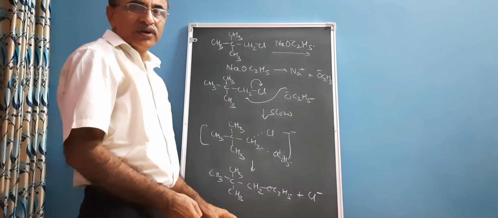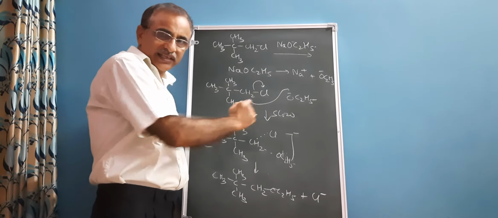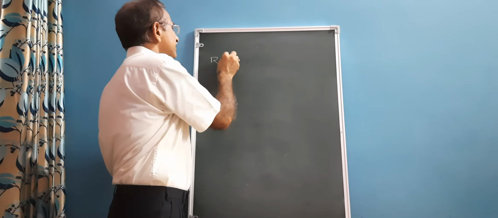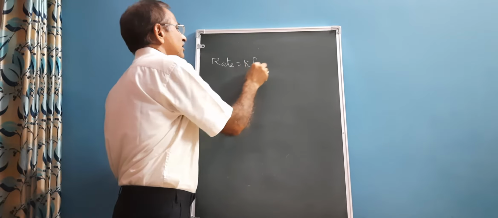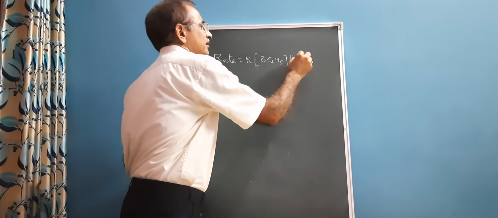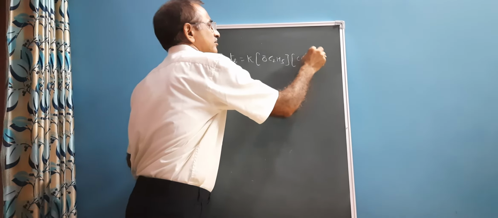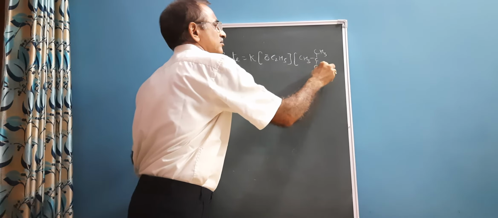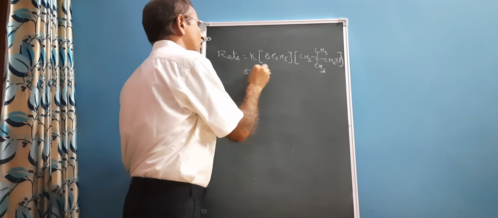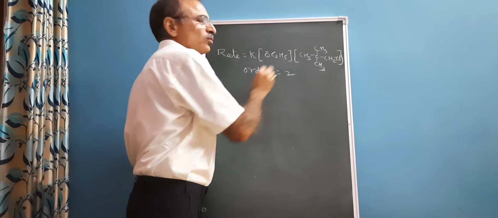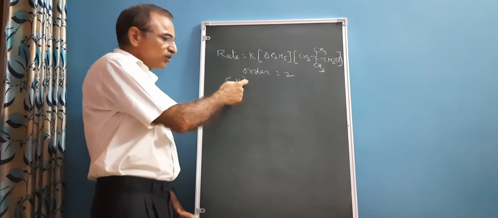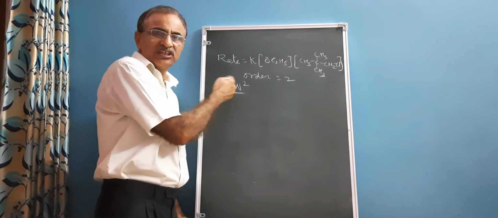Therefore, when you are going to write the rate of this reaction, the rate can be written as K times OC2H5 as well as this haloalkane, and therefore the order of this reaction will be 2. This is the SN2 mechanism, bimolecular nucleophilic substitution reaction.